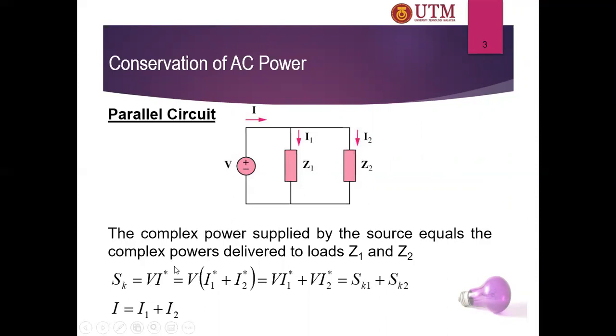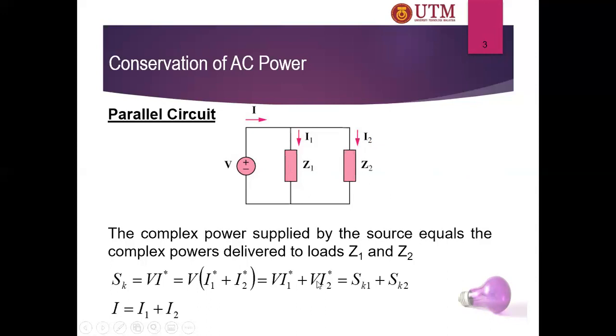Then we can expand this first equation using I equal to I1 plus I2, and we will see that we have two terms. This is V multiplied by I1 conjugate, which refers to the complex power of load number 1.